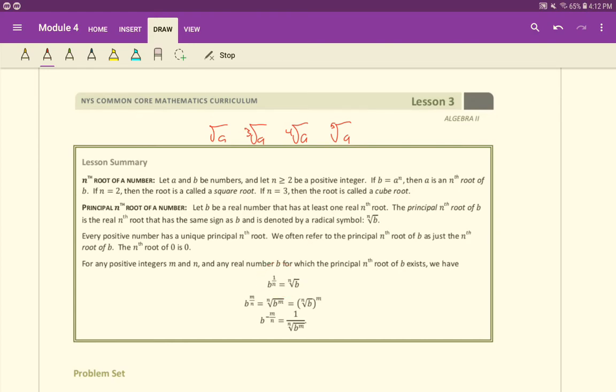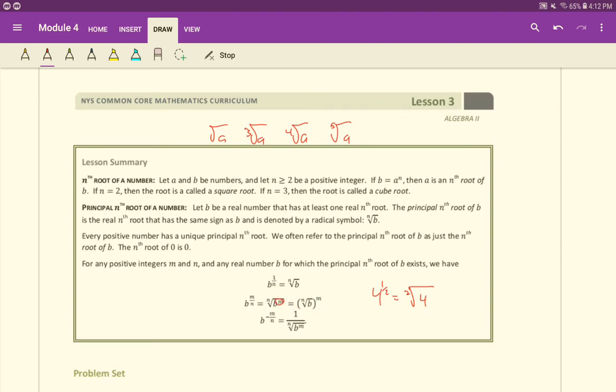Okay, so if you have 4 to the 1/2 power, that gives you the same thing as the square root of 4, our base there. Likewise here, if you have b to the m over n, the m becomes the exponent of b, and the n becomes the root of the b. And you can write it in either this order or this order.